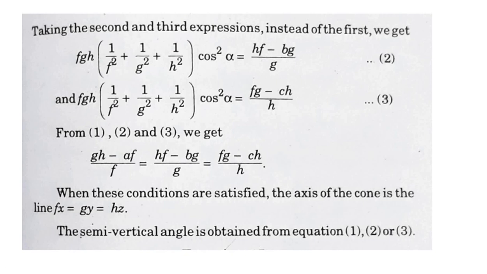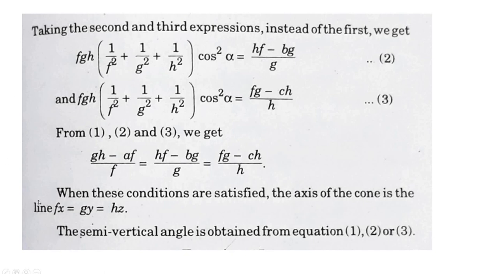This is the condition. When these conditions are satisfied, the axis of the cone is given by fx is equal to gy is equal to hz. So this condition is the condition required for the general second degree equation to represent a cone.